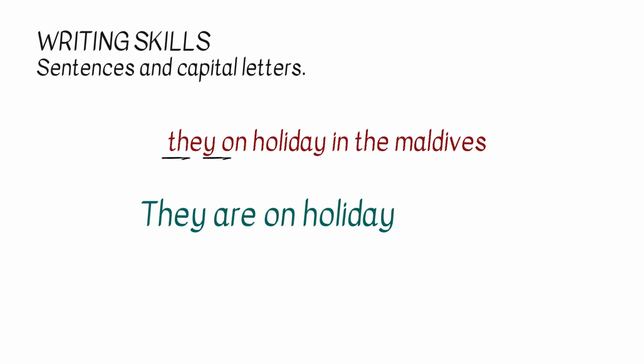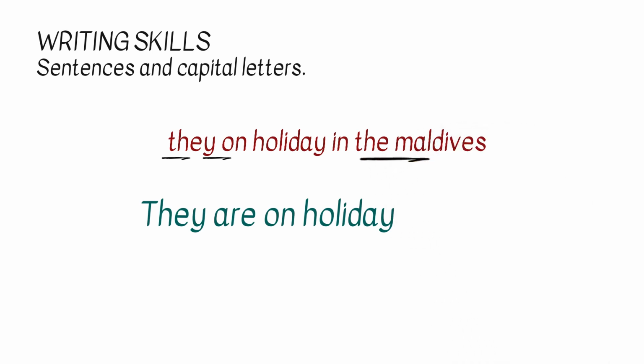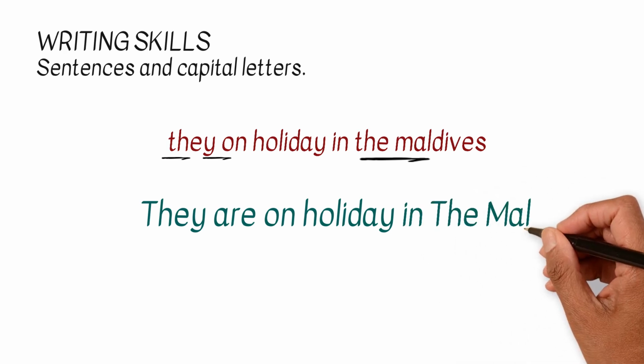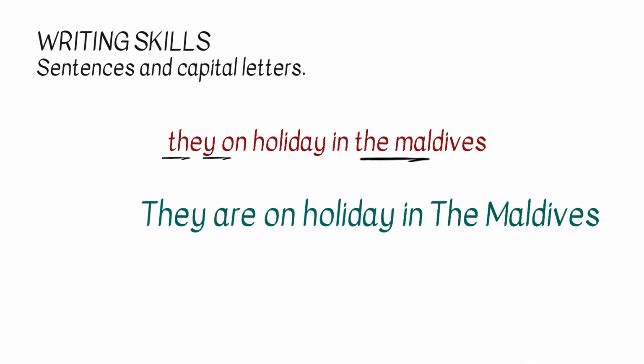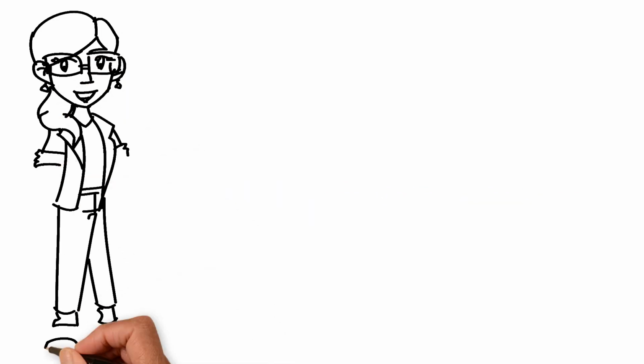This changes the sentence to they are on holiday in the Maldives. Finally, the Maldives is a specific place. There needs to be a capital letter. The final sentence looks like this. How did you do? Did you spot them all?